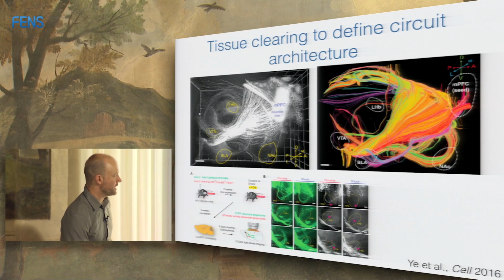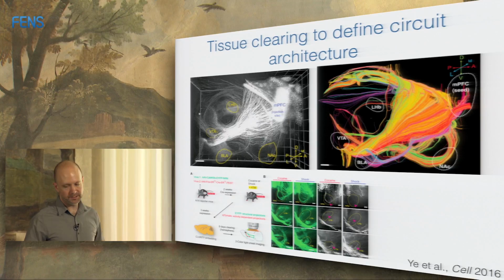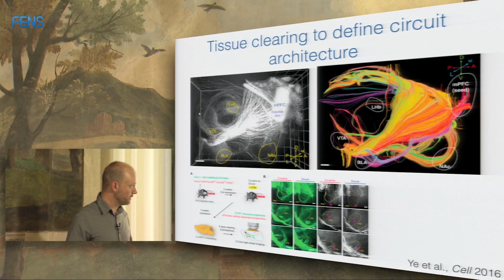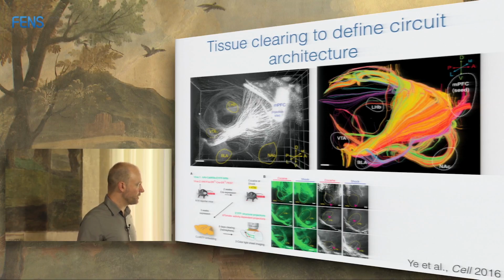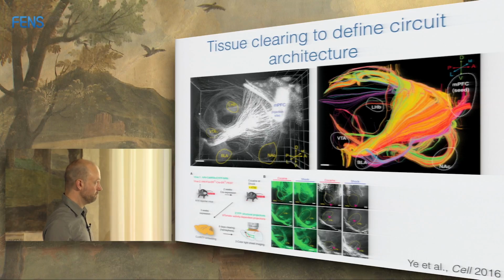Okay, so this is just an example of where this was actually applied to study connections onto given cell types in a genetically defined way. This is a paper that was published by Uchida et al. in 2012 in Neuron.